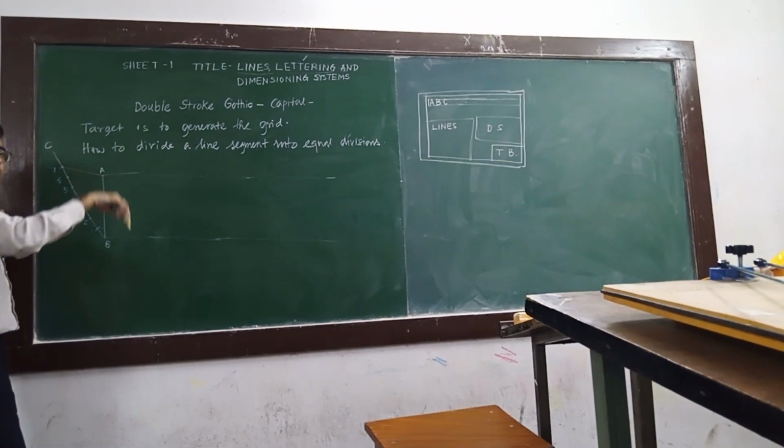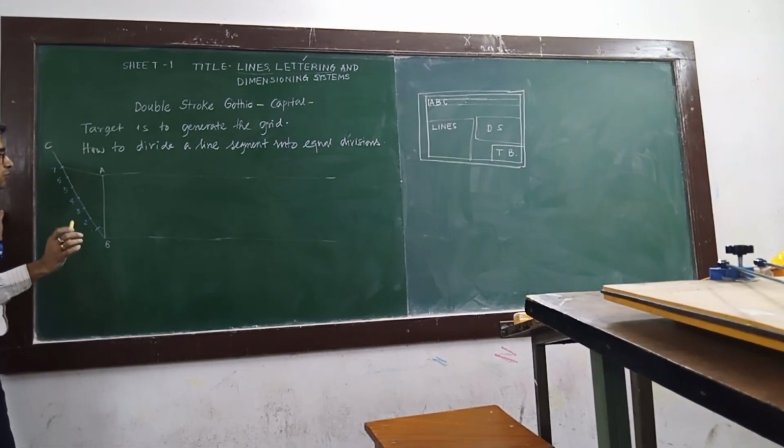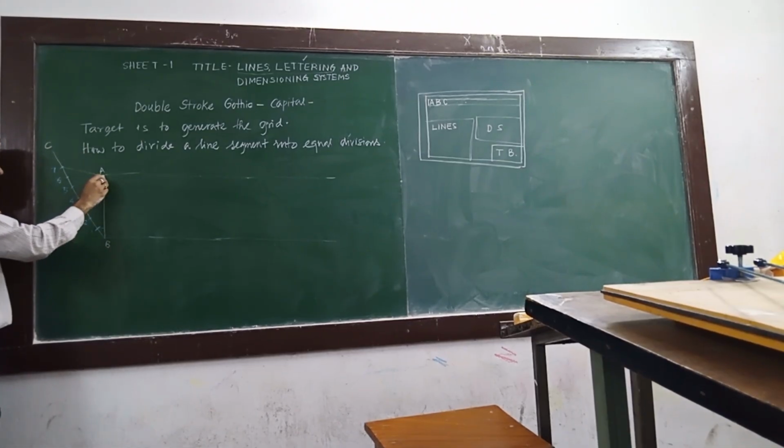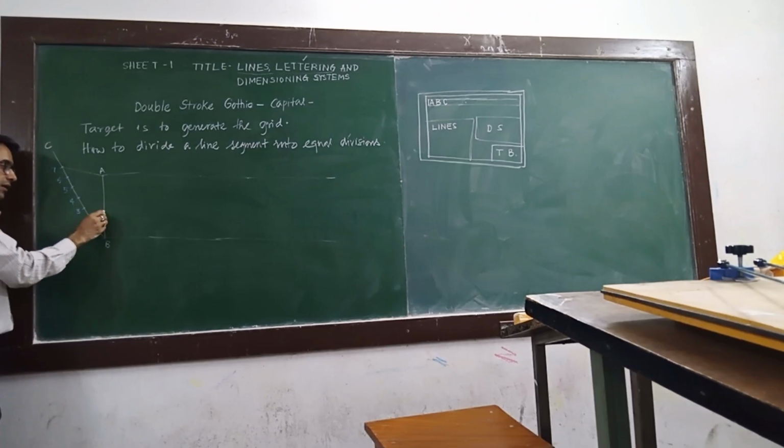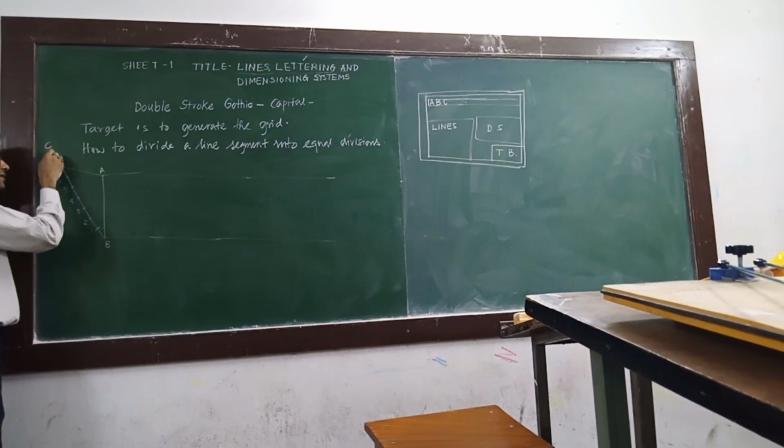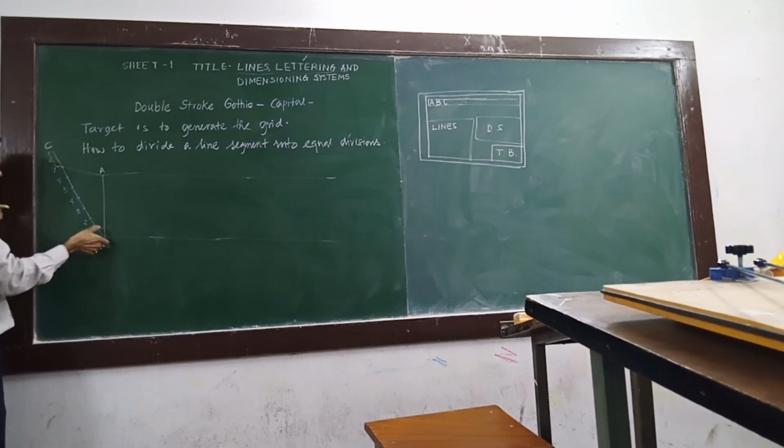It is not only for 7, it can be any number of divisions. Now I had to divide this line AB into 7 divisions. But what I am doing is dividing part of this line, leaving this part, because I started with an arbitrary length and it finished here. So I am just dividing this line into equal divisions.